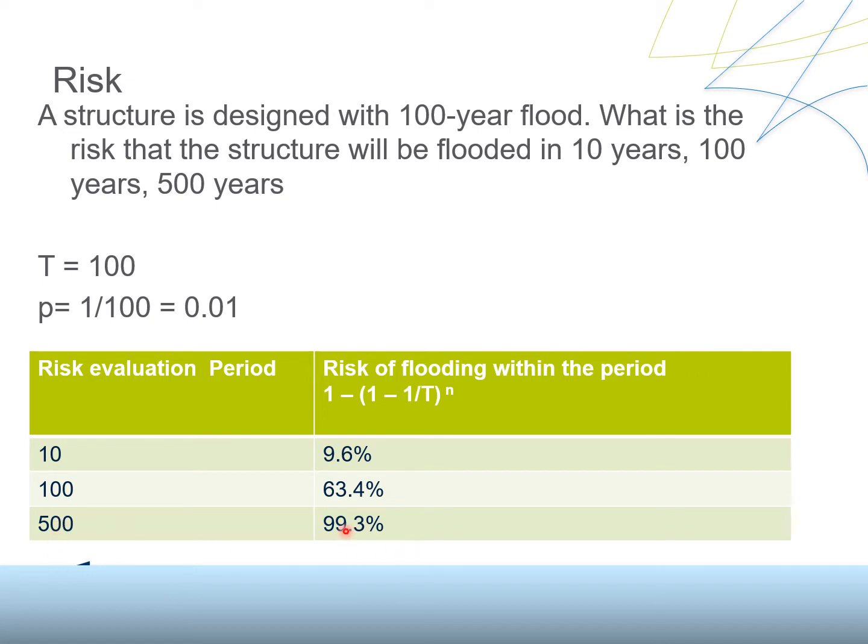Practically, technically, it is very close, but you will not reach the 100% because there is no upper bound of the magnitude of the flood. So this is how you calculate the risk of flooding. Okay, so 1 minus (1 minus 1 over T) to the power N, and T is the return period.